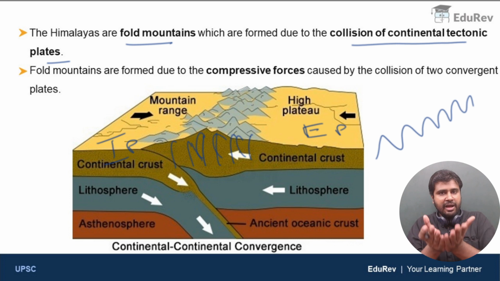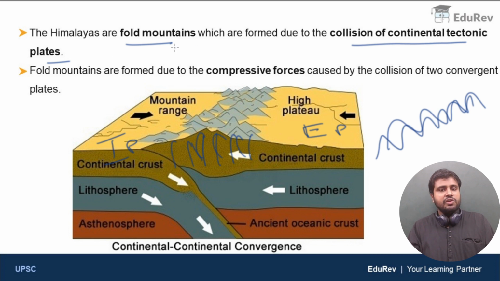So the material will be uplifted, it will be folded, and a series of folds will form, and these folds are nothing but fold mountains, and in our example those are nothing but Himalayas. So that is how fold mountains actually form. I hope you understood this.